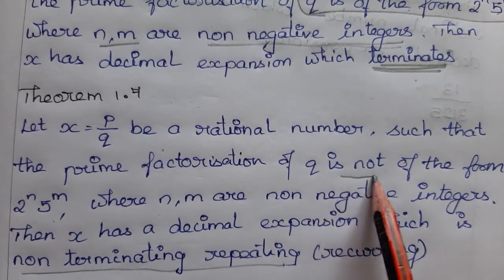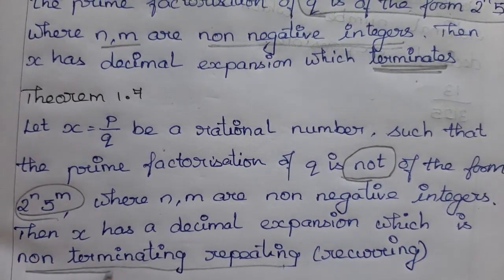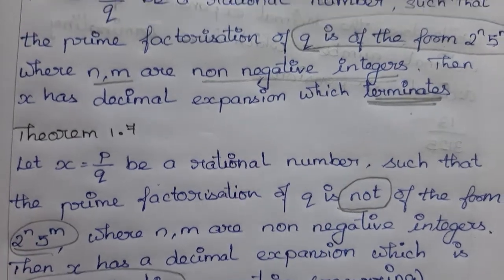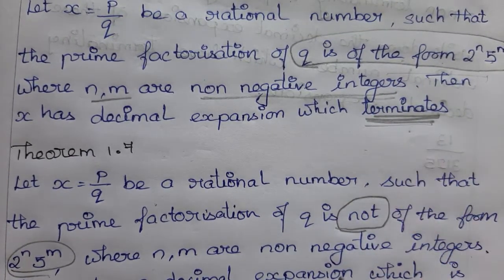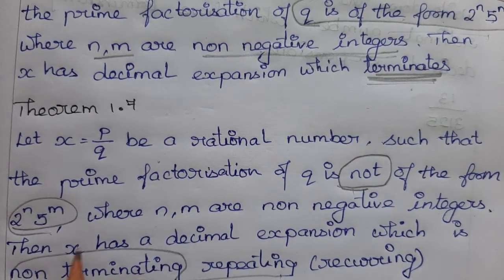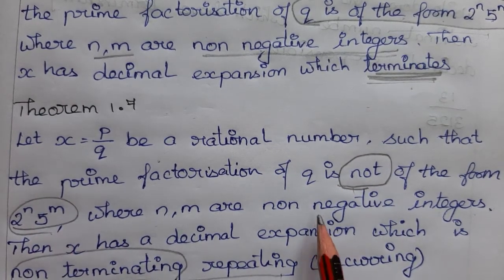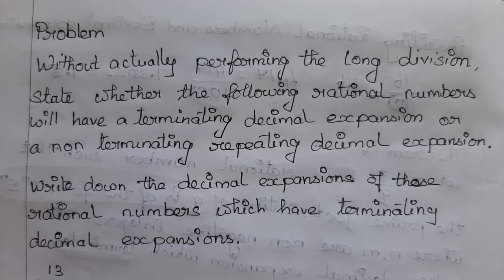So if it is in the form of 2 power n 5 power m, it is terminating, and if it is not, then it is non-terminating. Remember that n and m can be 0 or any positive integer.